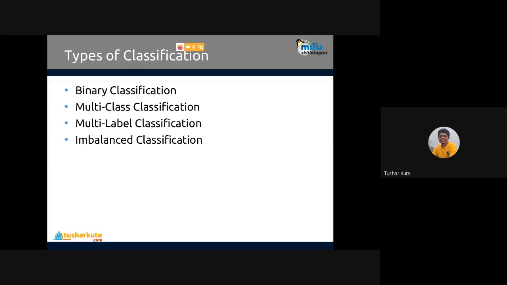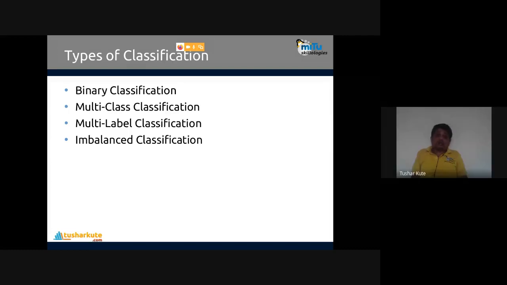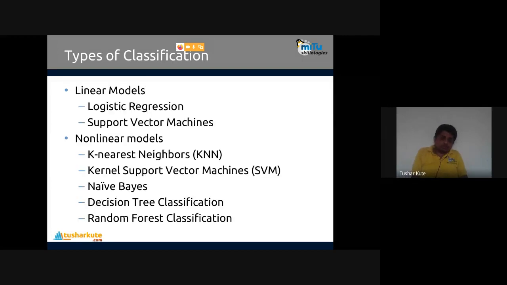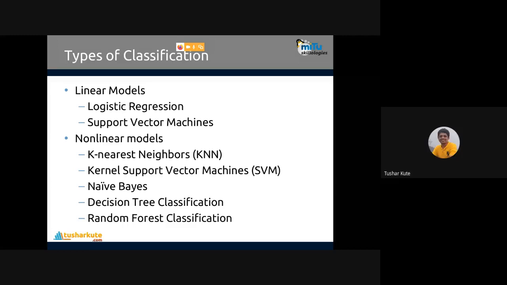Four types of classification are present: binary classification, multi-class, multi-label, and imbalanced. Let's see them one by one. And there is one more way, based on what kind of model you use, that gives two types: linear model and non-linear model.